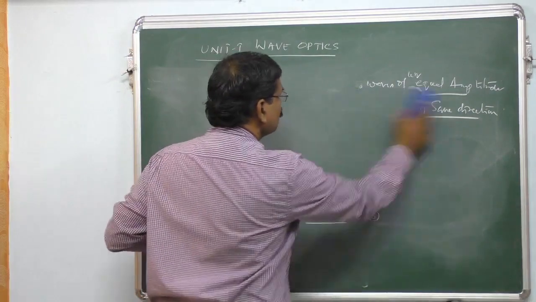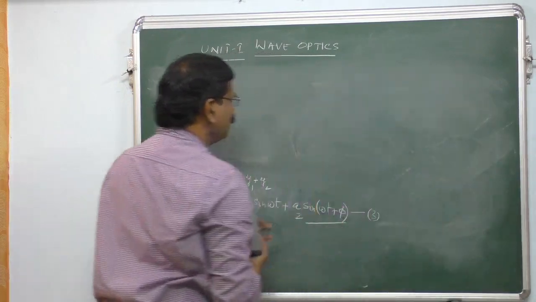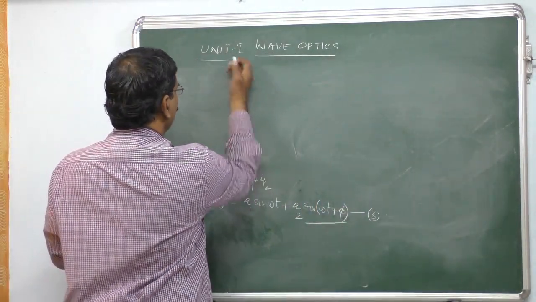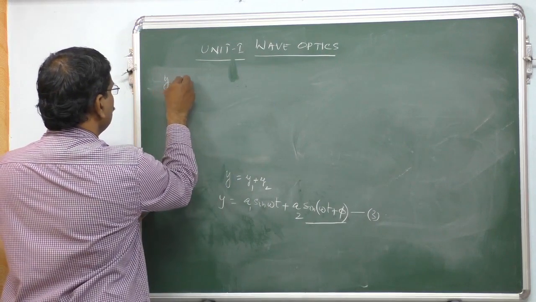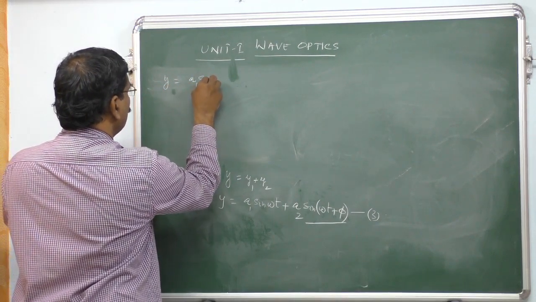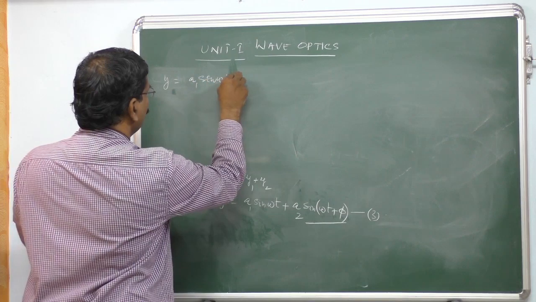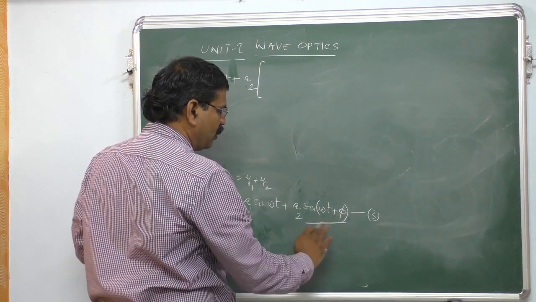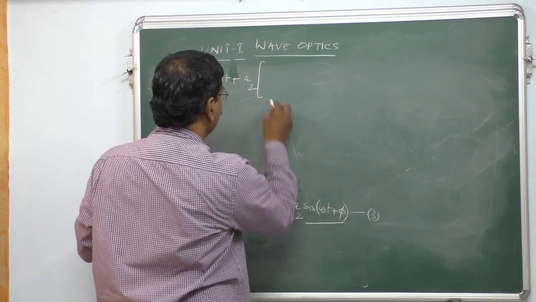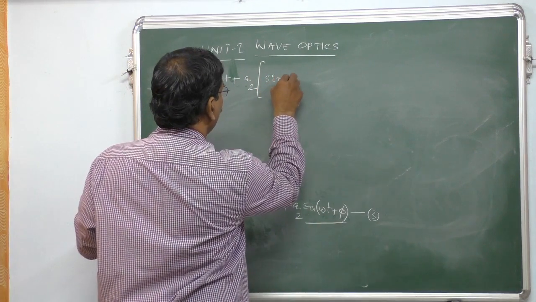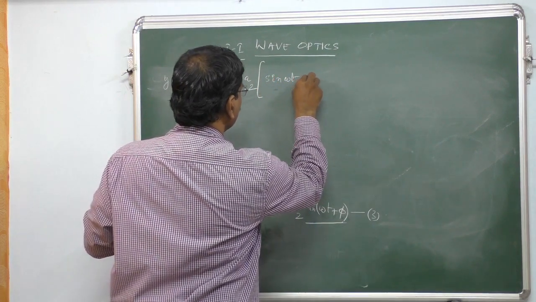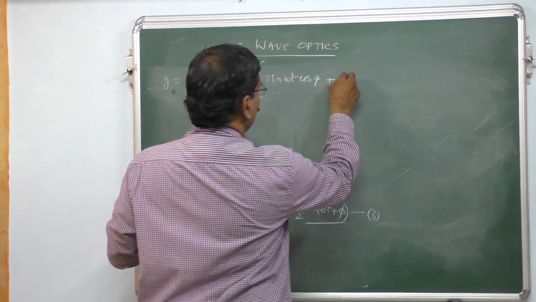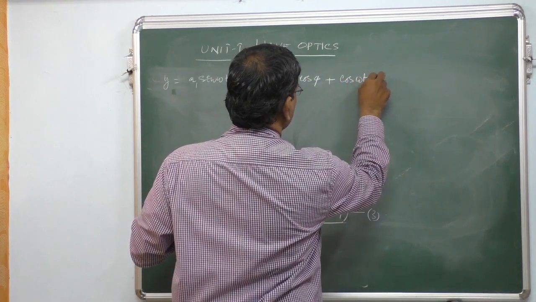That implies the resultant displacement y is equal to a1 sin omega t plus a2 into bracket. Now I am expanding sin of omega t plus phi: sin omega t cos phi plus cos omega t sin phi.